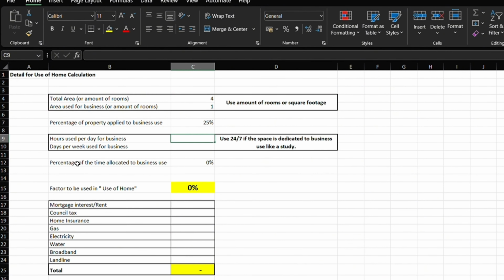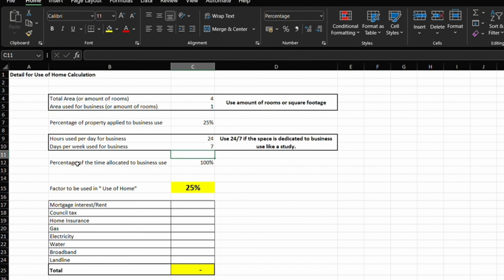In our case, as a content creator, we are using it for YouTube. Our YouTube gear, books and everything is there. So this whole room is dedicated for YouTube content creation, so it will be used 24/7 because we can't use this room for any other purpose. Here we will use 24 hours and 7 days a week.